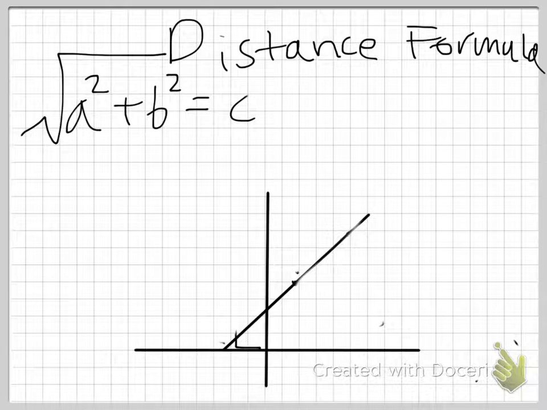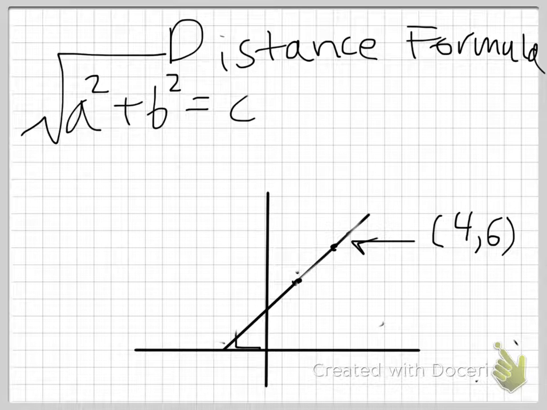So let's say we have this point and that same point. So what's this point? Well, this one is 4, 6, and then this one is 2, 4.